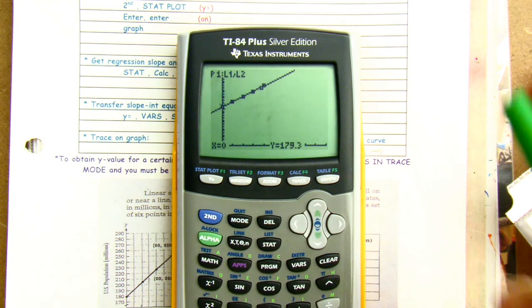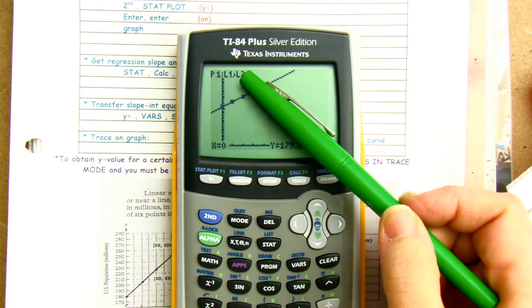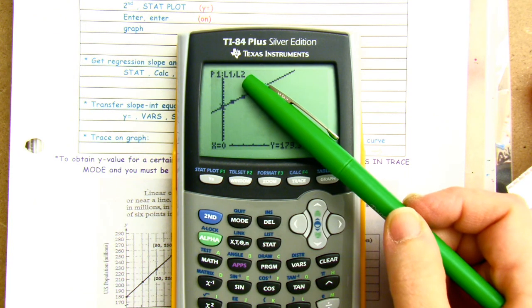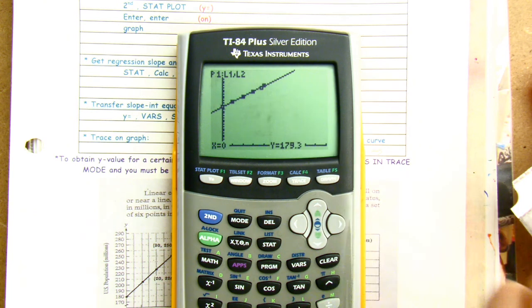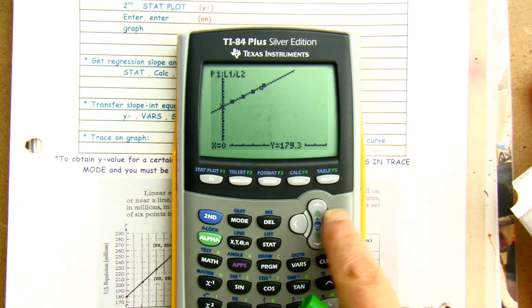Now notice at the top of the calculator, it says P1, L1, L2. This means that your calculator is tracing on the scatter plot. So when you move your left and right arrows, it's going to move to each data point because it's going to the ordered pairs that are in your list, okay?